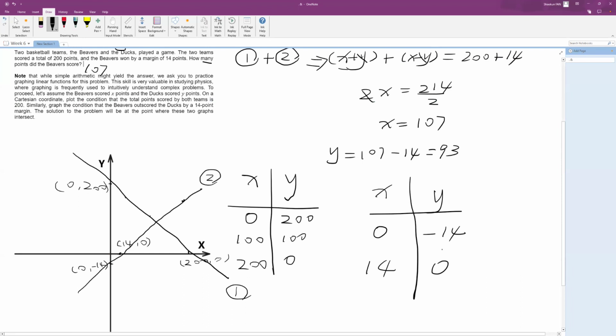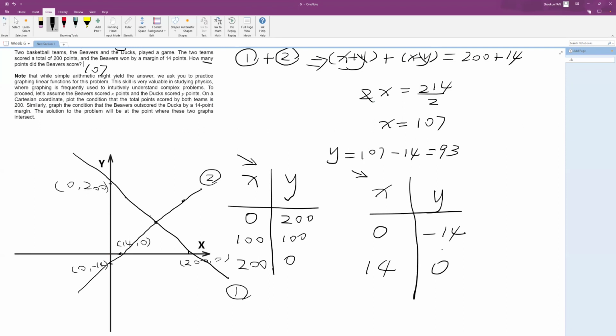That's why the intersection, this particular point, will satisfy both equations. It will satisfy x plus y equals 200, and it will also satisfy x minus y equals 14. So that's why this particular point is our solution.